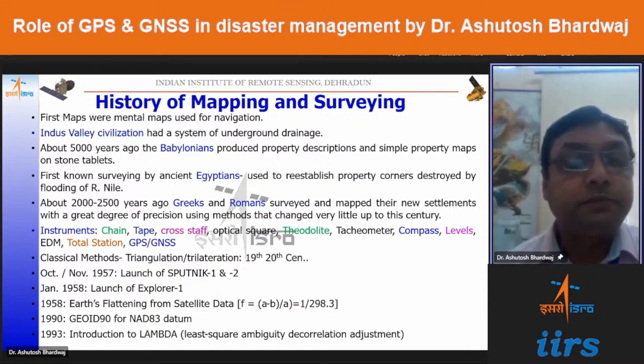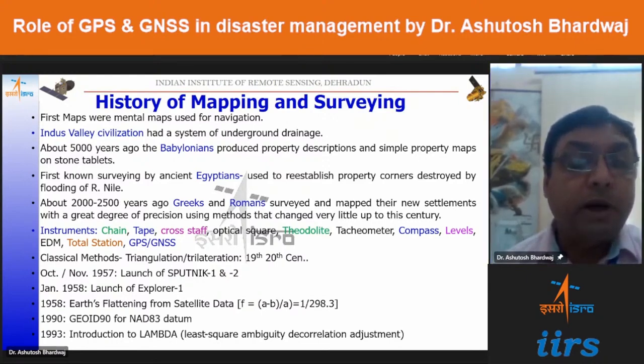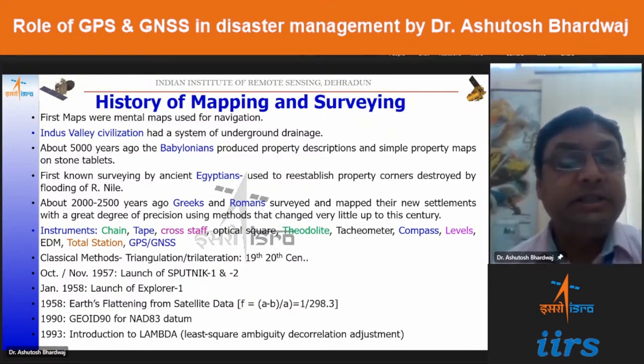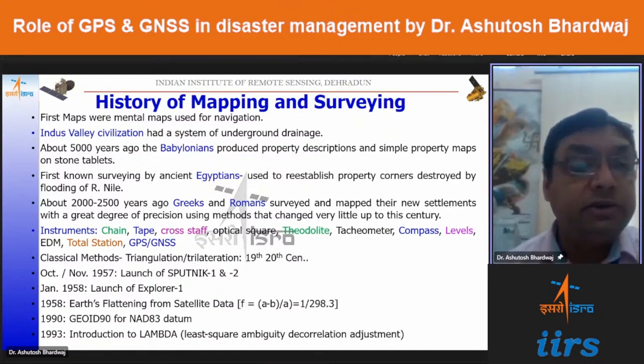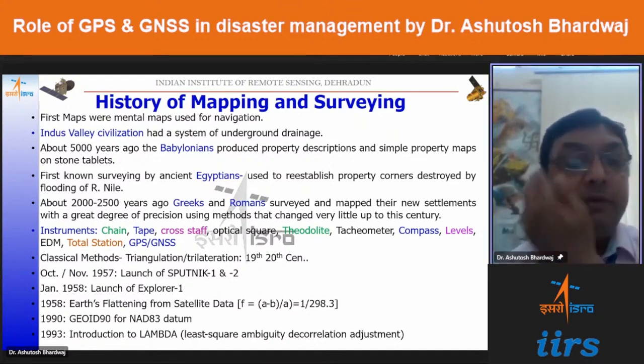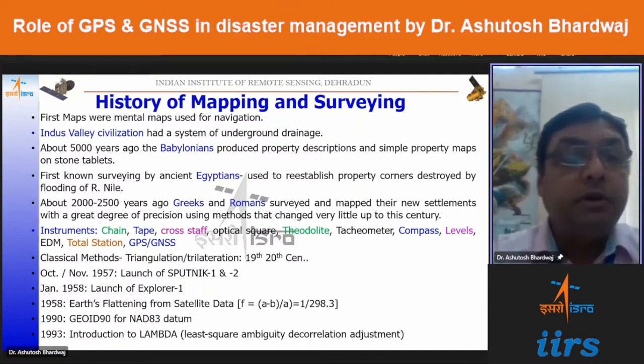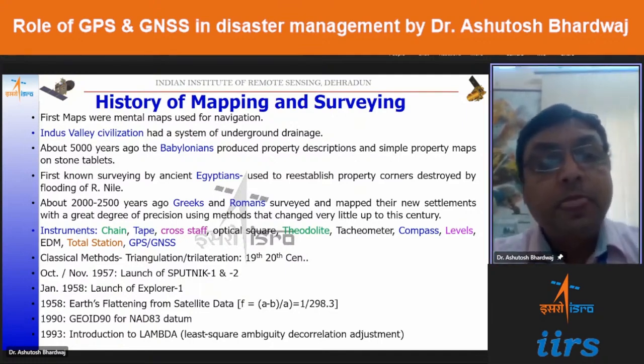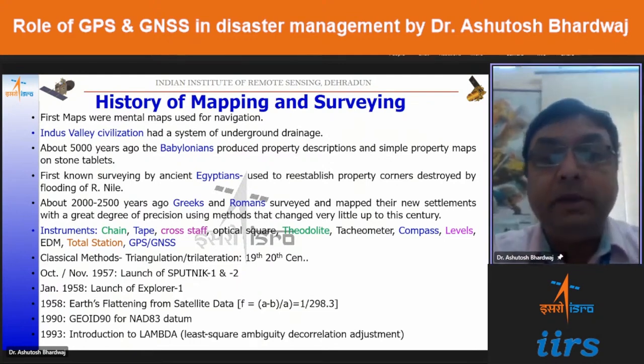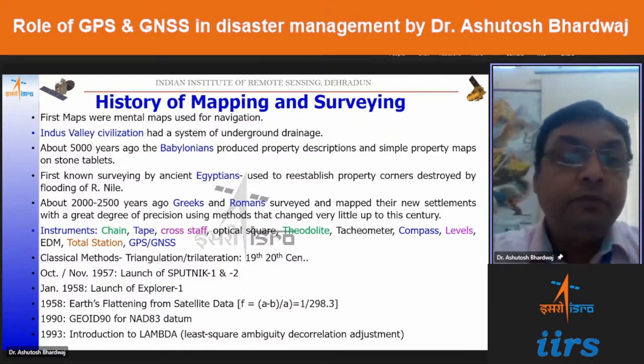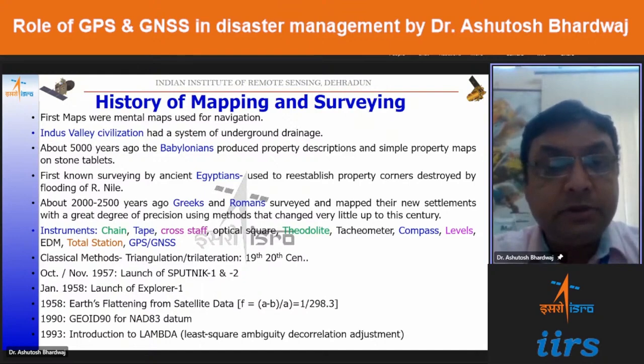We also used different markings on mountains and trees, and this has been seen in various civilizations across history. Initially we worked with mental maps for the last few thousand years, and in different civilizations very well built settlements have been found with perfect 90-degree angles for the roads, very well planned ventilation systems, and very well planned drainage systems.